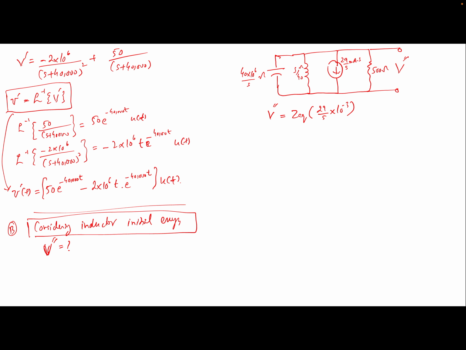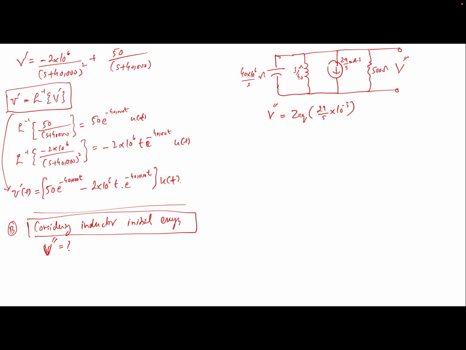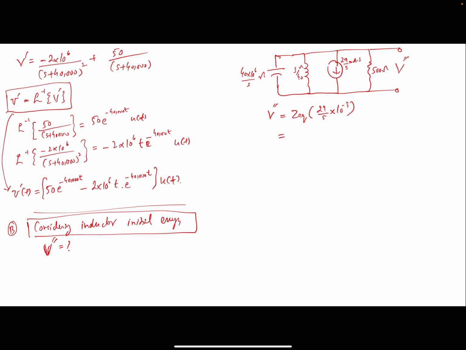And again, since you already know z equivalent, which is this one, I'm going to take this and multiply this by 0.029 over s. So once I do that, right, my s will be cancelled out. Here I have an s in the numerator and I have an s over here in the denominator, so my s will be cancelled out.